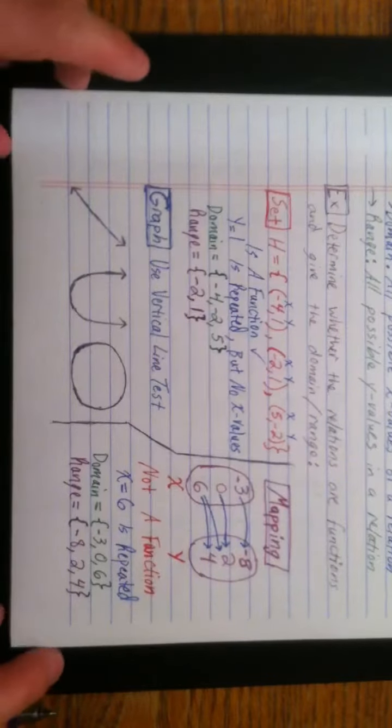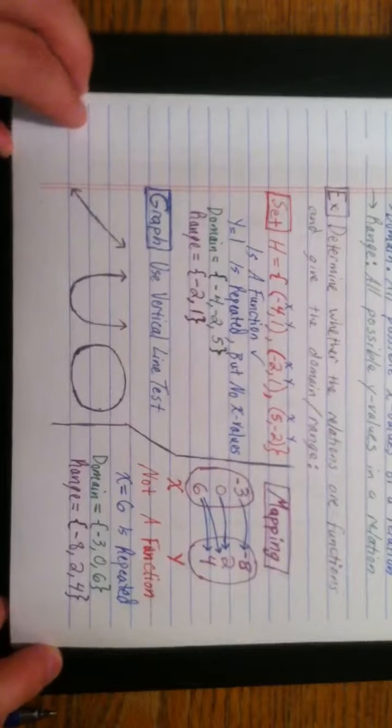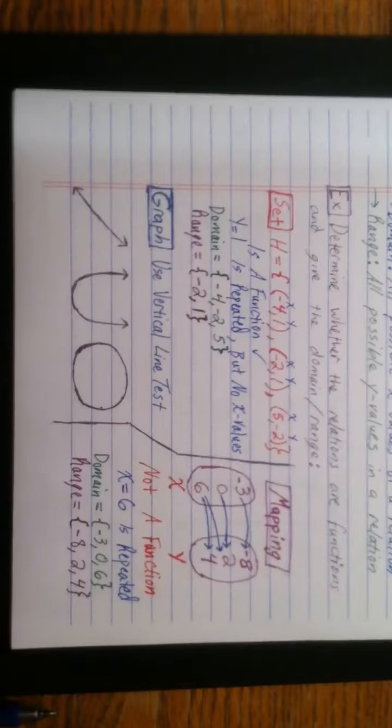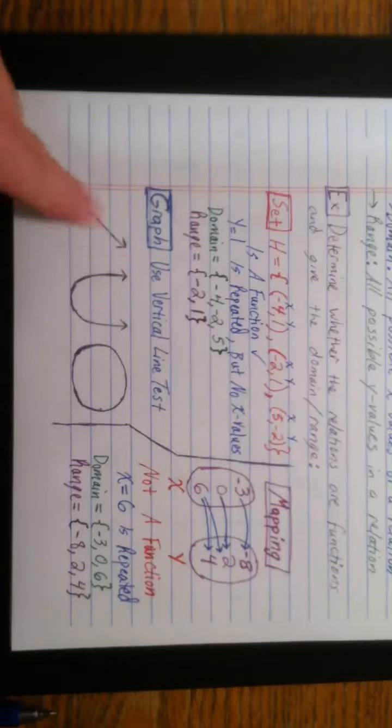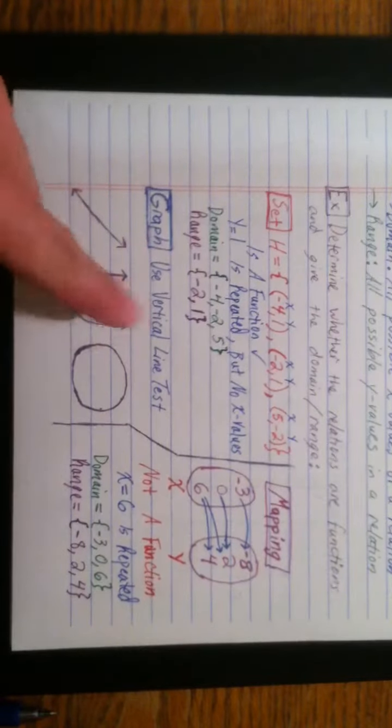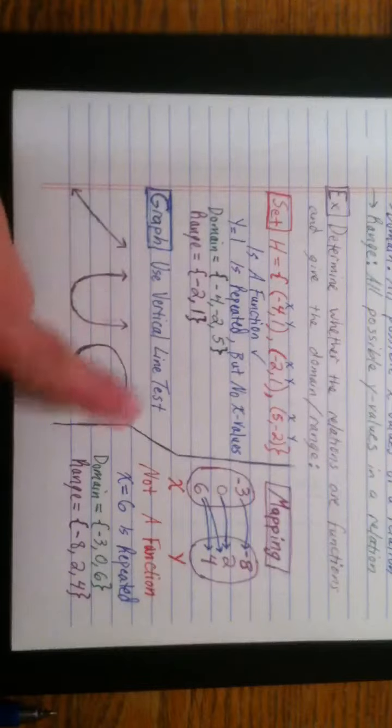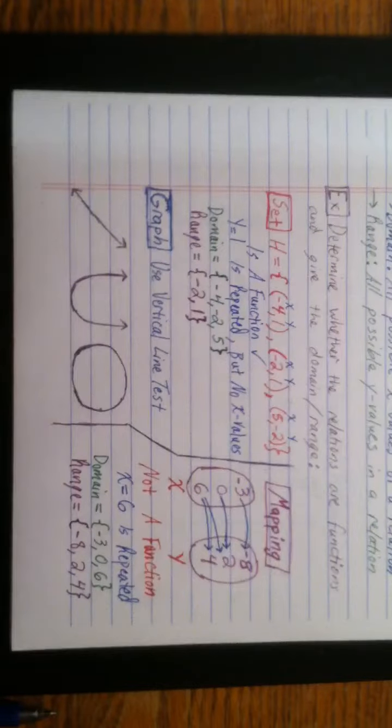Now the last possible format you might be given something and asked if it's a function or not is if you had a graph. Okay, we have a graph of a line here, we have a graph of this curve looking like a U, we call this a parabola, and we have a graph of a circle. Now when we're looking at a graph and determining if something is a function, we use what's called the vertical line test.